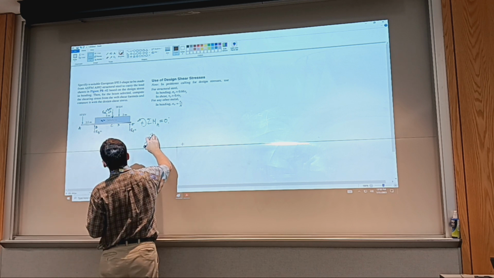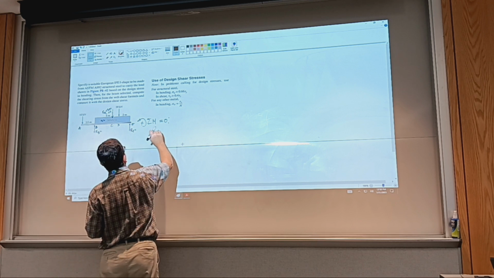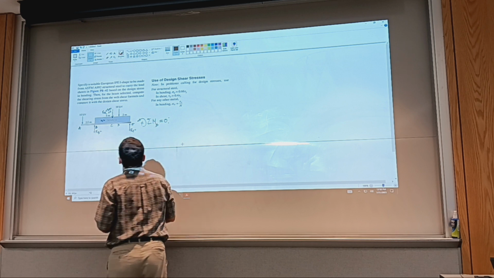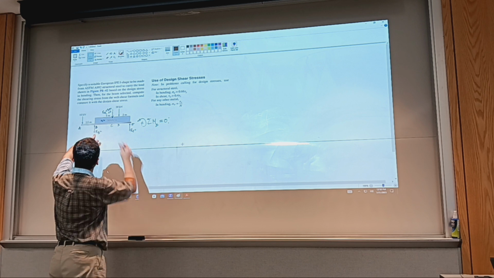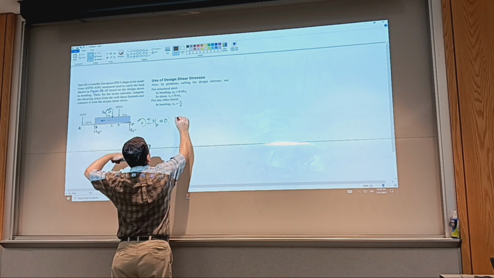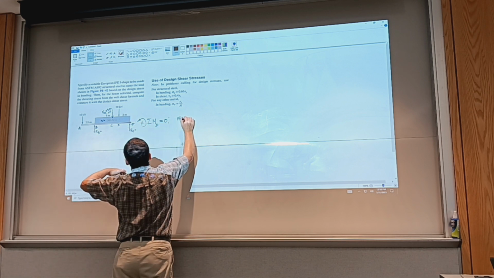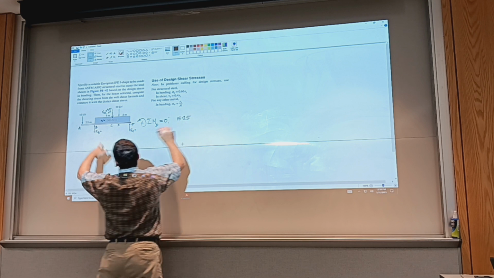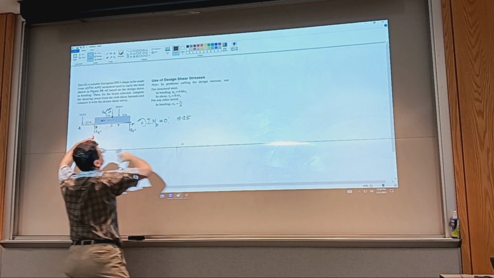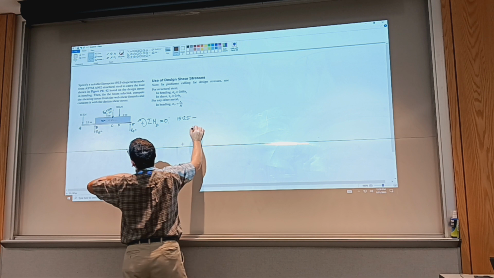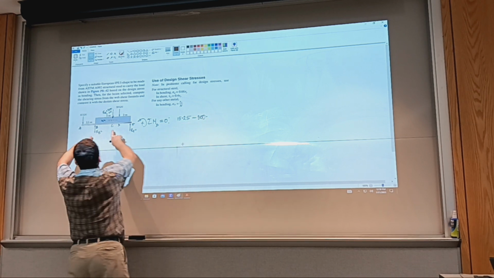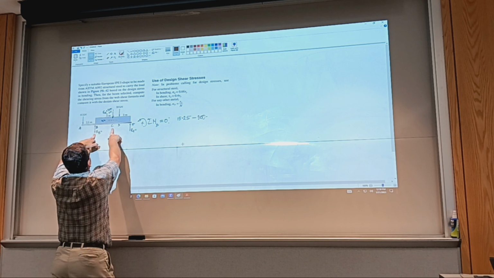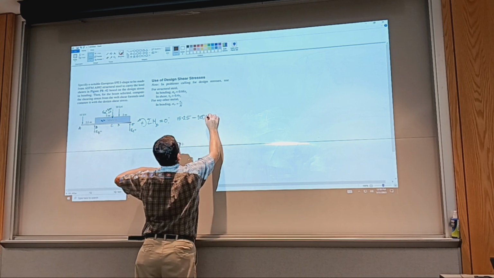Summing moments actually will be about point B now. And what do we write? We write positive 15 multiplied by 2.5, and then negative 300 times the arm, which is going to be 3 meters.